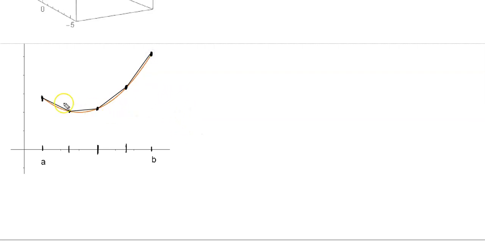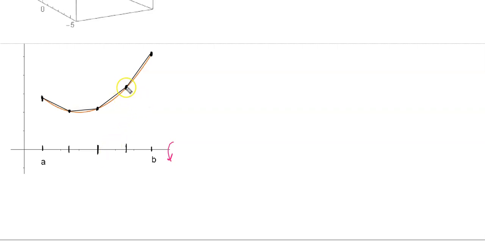And now we are going to rotate these straight line segments around the x-axis, and they're going to form sort of cut-off cone shapes. And we're going to be able to calculate the lateral surface area for each of those cones, sum them all up, take the limit as n goes to infinity, and we'll end up with an integral formula.